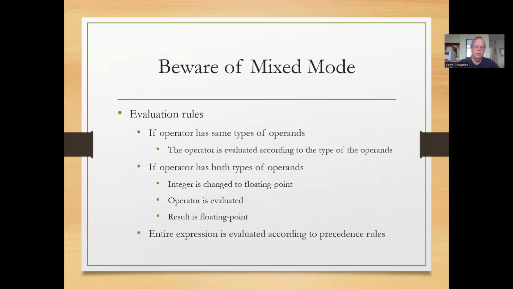One thing to be aware of is mixed mode. If the operator has the same type of operands, it's going to behave fairly predictably. Well, if it has both types of operands, for example, 45 divided by 7.0, the integer gets changed to a floating point. And that's called a coercion. The operator gets evaluated and the result will be in floating point.